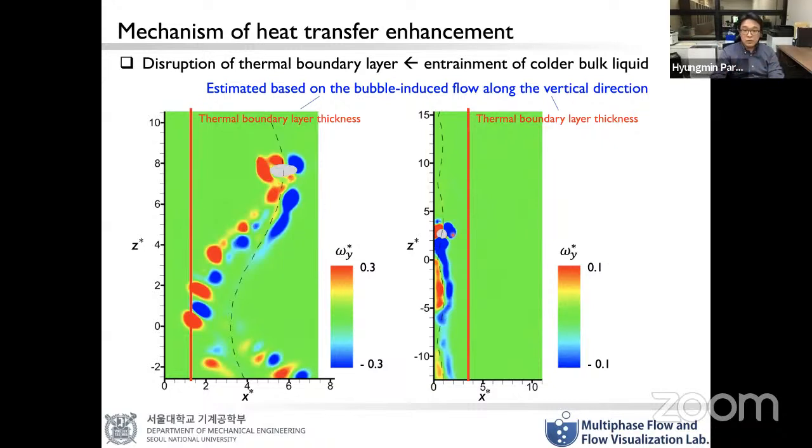But for the small bubbles, it just moves inside of the thermal boundary layer, so it does not disturb it. So that means the main mechanism for the heat transfer is entrainment of the colder bulk liquid into the wall by disrupting the thermal boundary layer.